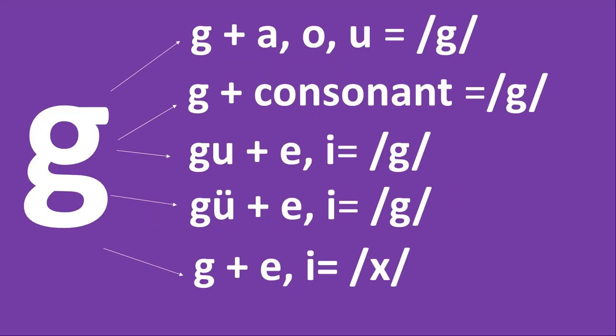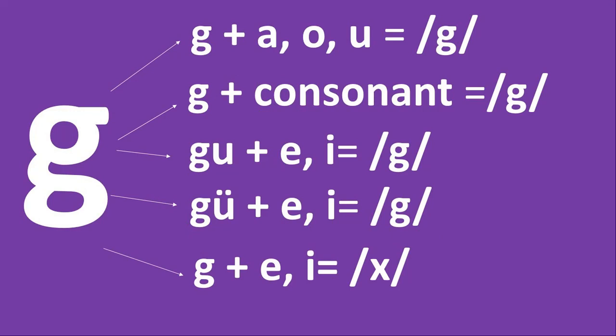The letter G in Spanish is pronounced in 2 manners. The first sound is similar to the English sound we use in the verb go. It is produced when the letter G is written before the vowels A, O, U, and when it is written before consonants.